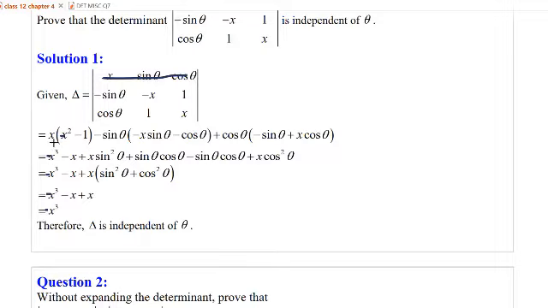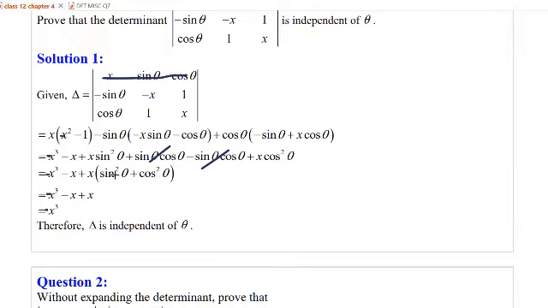Multiplying, minus x cube minus x plus x sine square theta, minus sine into minus cos will make plus sine cos. Cos into minus sine is minus sine cos. Cos into x cos is x cos square. Now these terms will cancel each other, and then x sine square theta plus x cos square theta, I'll take x common from these two terms, and then I'll get sine square theta plus cos square theta.